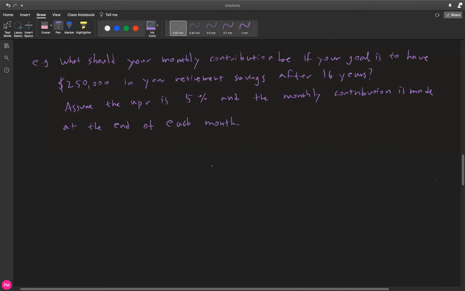So from the get-go, we should know that it's a monthly contribution because it's given in the problem.